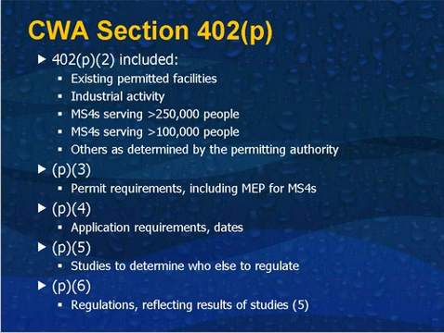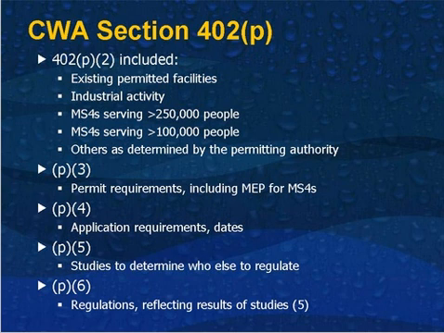It also required EPA to do a study to figure out who else needed to be regulated under the program. Based on that study, EPA was told to regulate additional sources whose regulation was necessary to protect water quality. That was (p)(6) of the regulation. So that's the statute and the framework for how we set up the stormwater program.